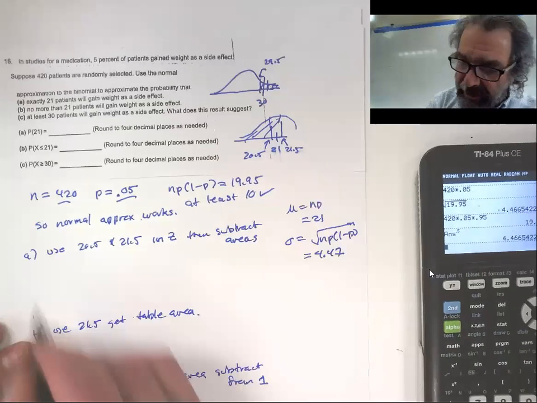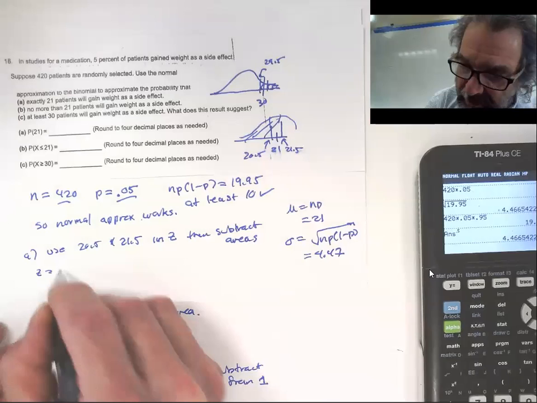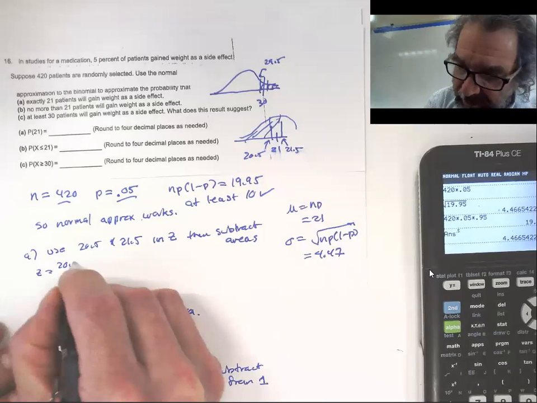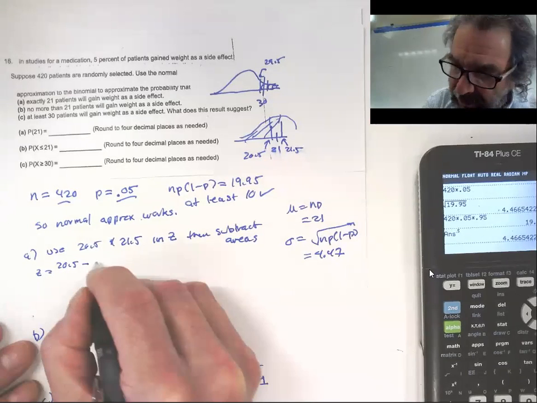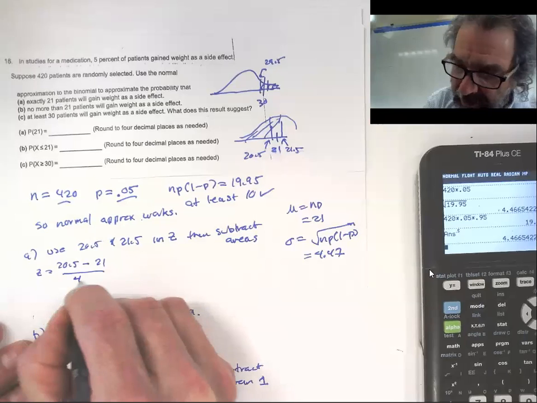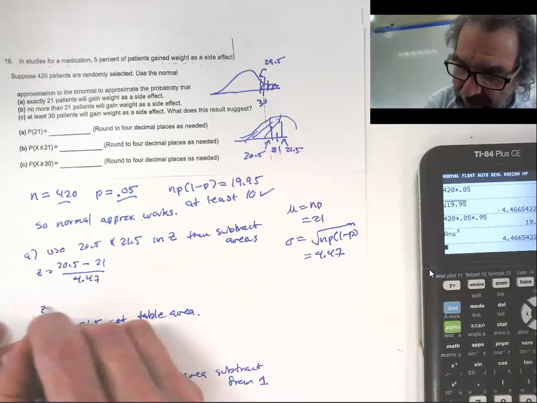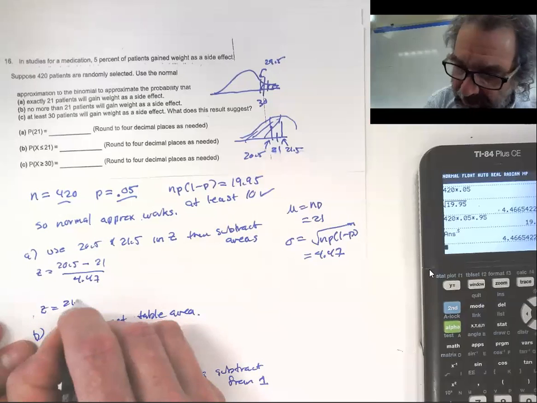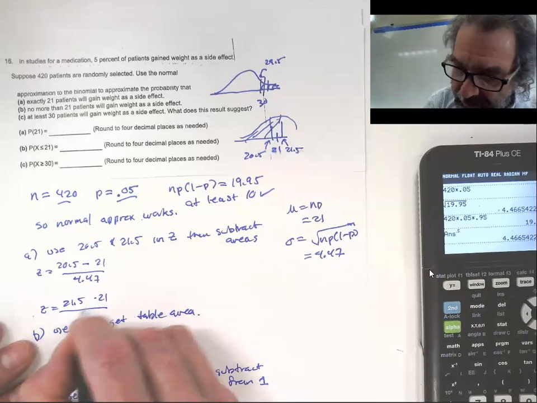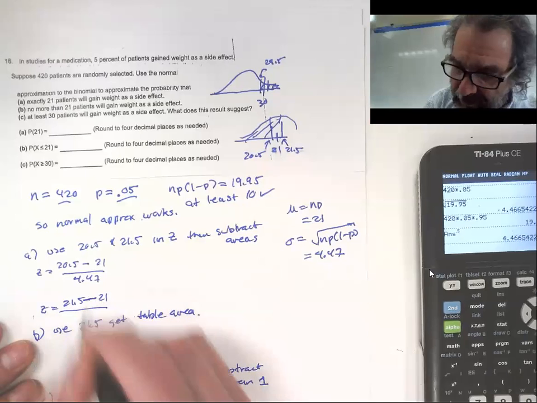So here we go. Z is 20.5 minus 21 over 4.47.